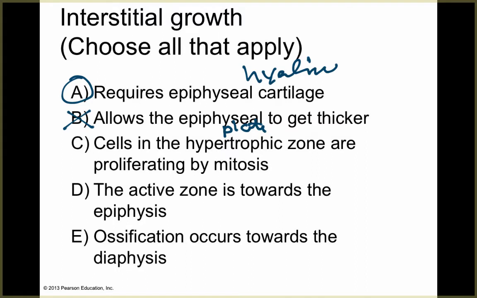Cells in the hypertrophic zone are proliferating by mitosis. Hopefully you realize that that's not right. That would be the proliferation zone, right? Or the growth zone. The hypertrophic zone is allowing them to get bigger. The active zone is towards the epiphysis.